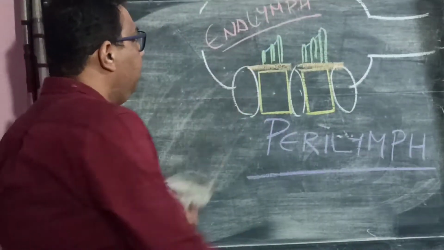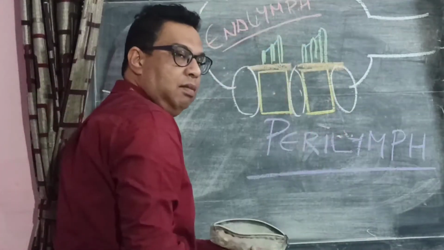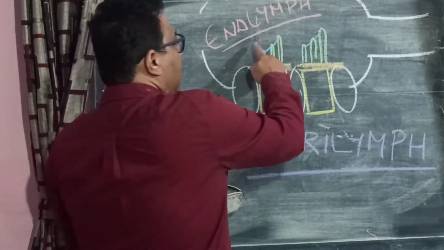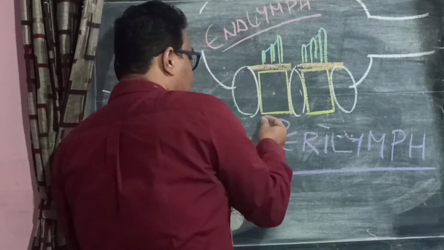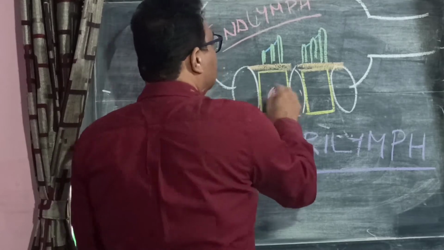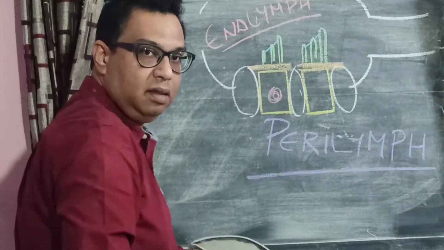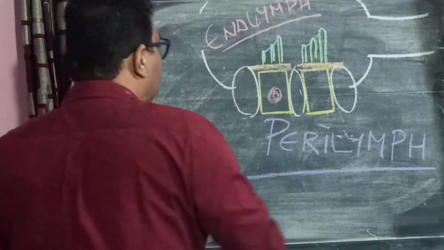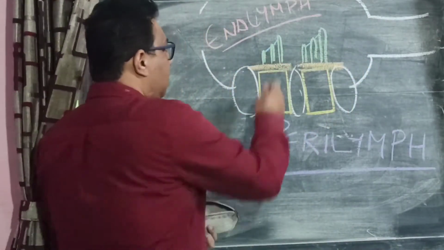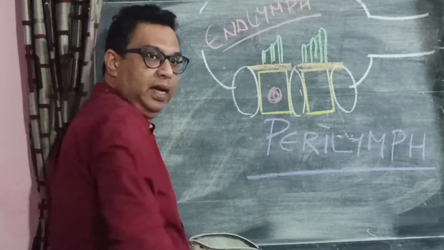So endolymph is bathing the microvilli. The microvilli are separated from the hair cell by very tight junction. Please remember reticular membrane from the auditory apparatus. So similar arrangement here. There is no intermixing of endolymph and perilymph.